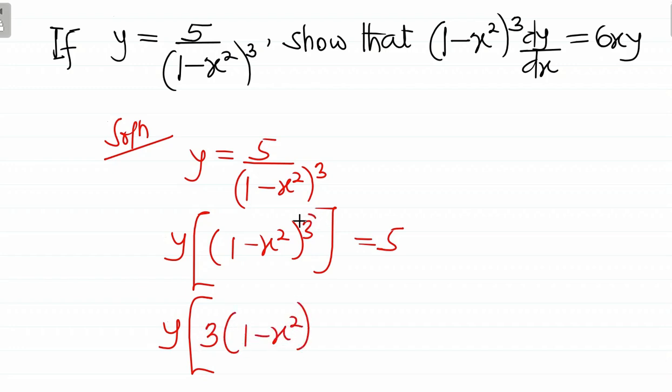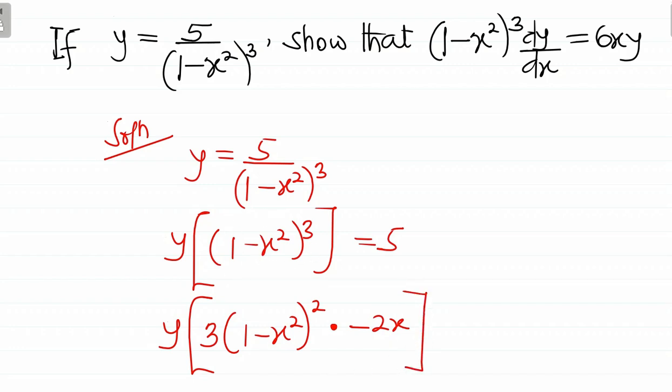Now we subtract 1 from this exponent 3, that gives us 2. We are not done. We multiply it by the differential of the function in the bracket, that is 1 minus x squared. When we differentiate 1 minus x squared, we have minus 2x. Now we are done differentiating the function in the bracket, so we close it as such.